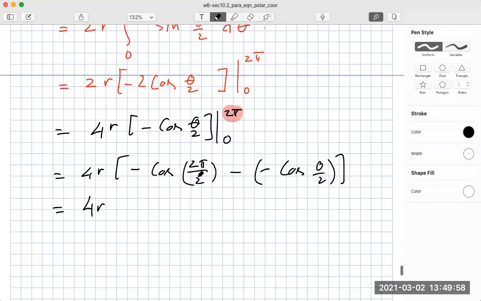Cosine of pi will be -1. Oh, negative and negative, yes. And here cosine of 0 will be 1, negative, negative. Okay. Very good. So that's it for this one, right?